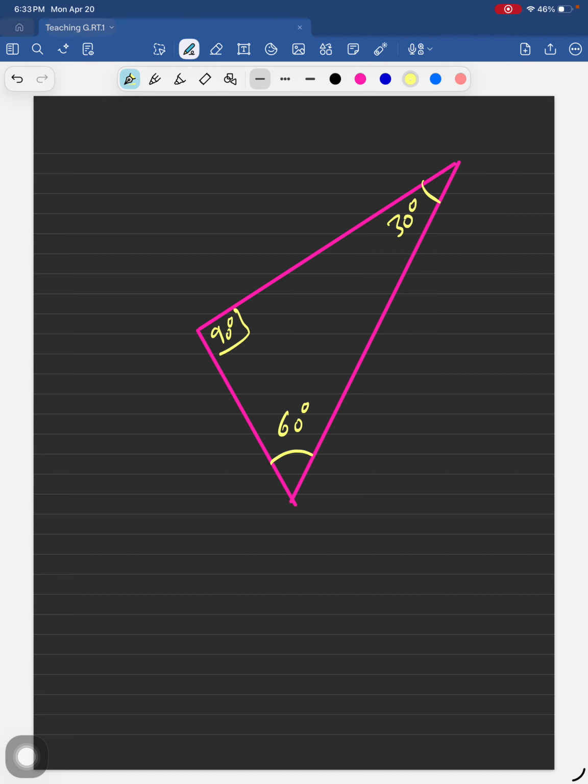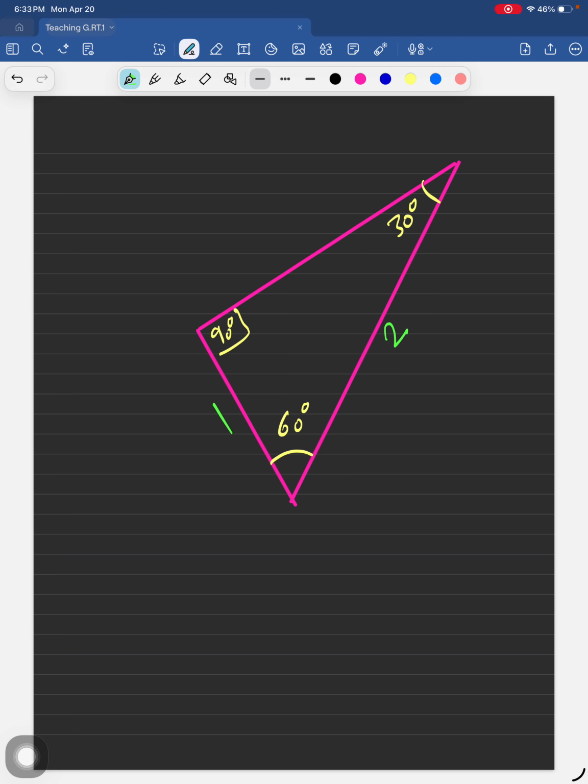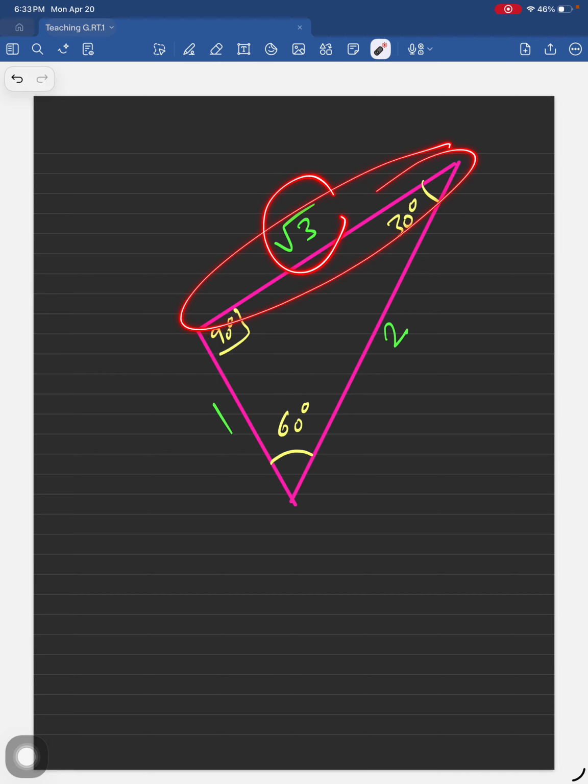I will remind you about the measurements we talked about before. The 90 degrees is opposite to the hypotenuse, the largest side, which is 2. The 30 degrees, the smallest angle, is opposite to the smallest side, which is 1, and we are left with the square root of 3, which is the side opposite to the 60 degrees.